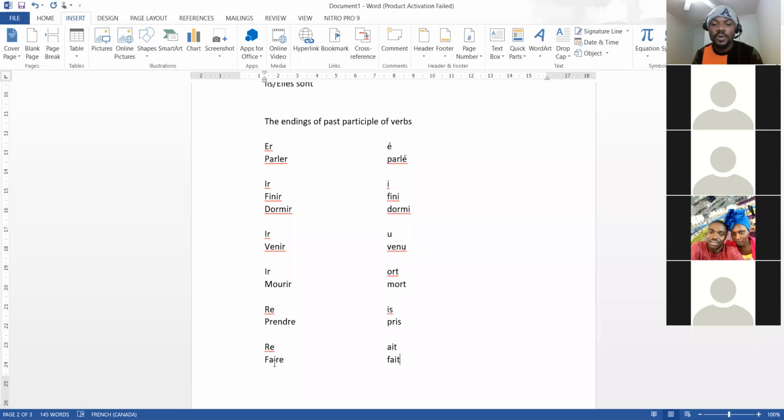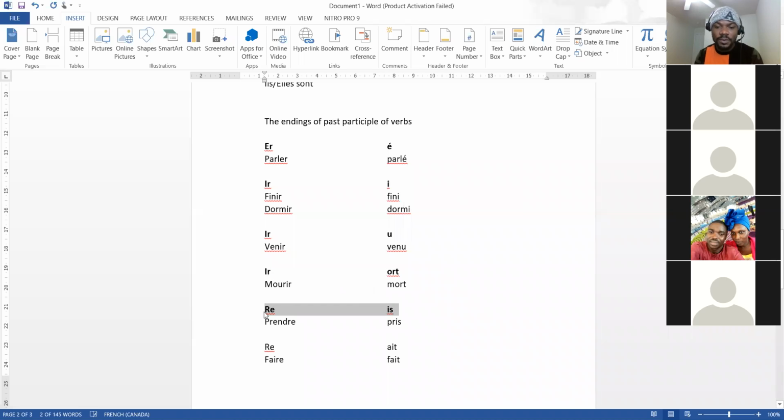Je fais mes devoirs. J'ai fait. Past participle gives me j'ai fait. So it's a different thing entirely. So these endings will help you to really know how to get your past participle.